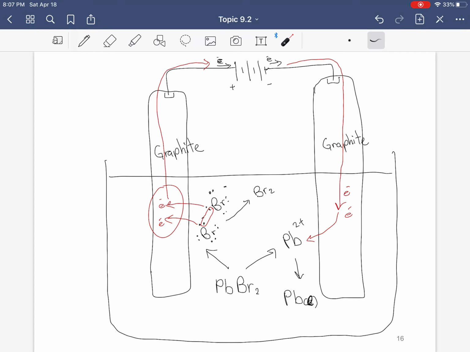Well, first of all, I don't have lead bromide for you to play with. So most likely we're going to use something else. I'm probably going to get you guys to use sodium chloride to build one of these things. Because if you don't know, this gas is a pretty poisonous gas.